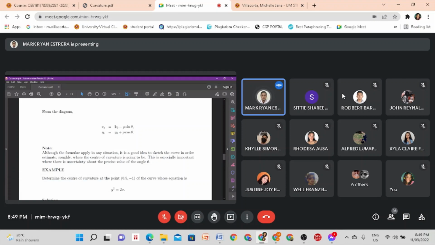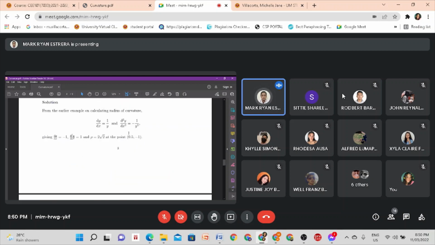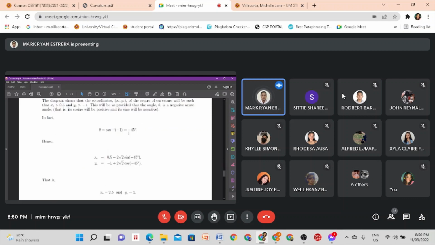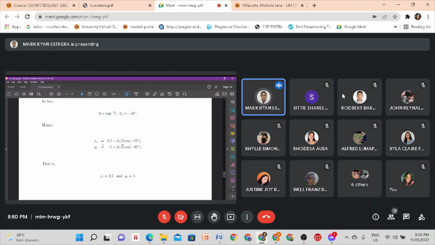So xc is equal to xo. This is for the original point from earlier, minus the radius of curvature, sine of theta. Well, for the yc, that is basically equal to yo plus the radius of curvature, cosine theta. So apply that one. Okay? So we'll substitute the necessary parameters.